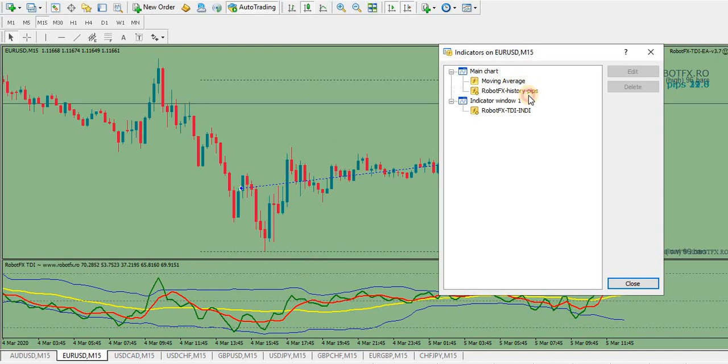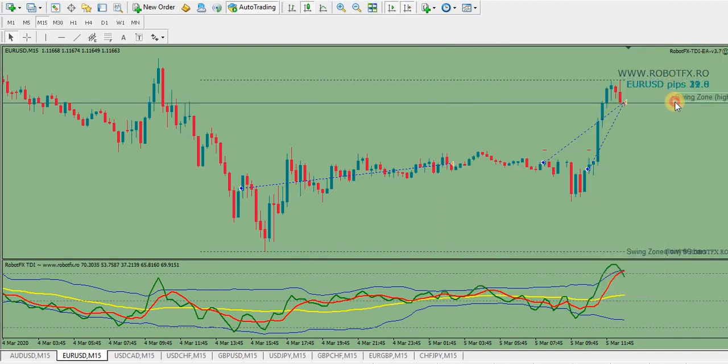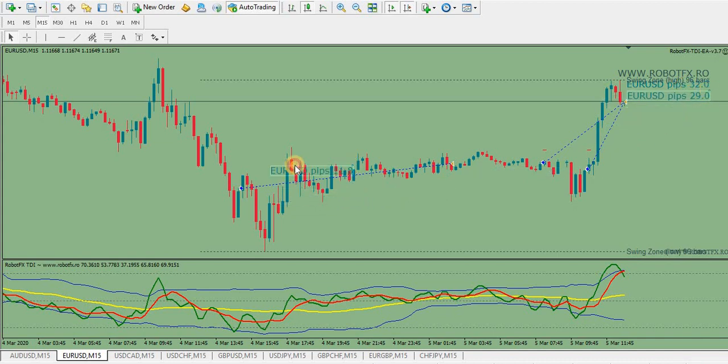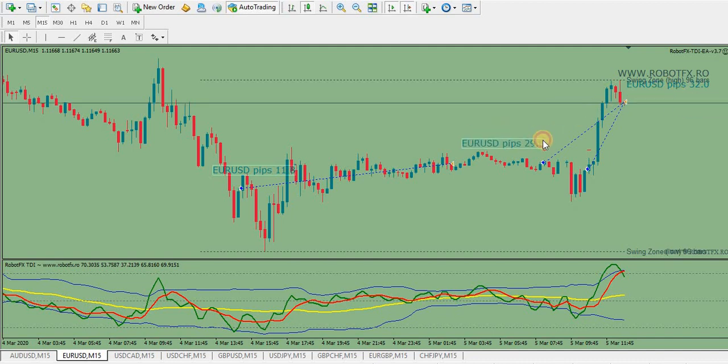I'm trying to use an indicator to show me the number of pips this trade made. Not this. So we have 11 pips somewhere. 11 pips must be this one. Ignore that. 29 and 32. This should be 29 pips. This should be 32 pips. And this will go on our blog.